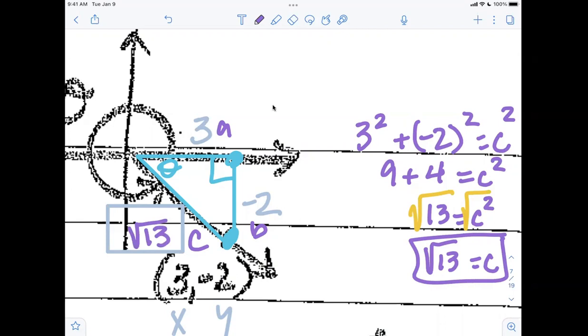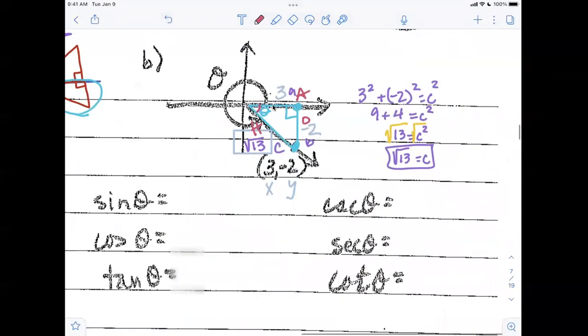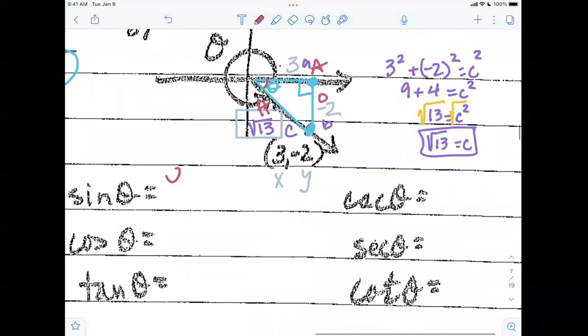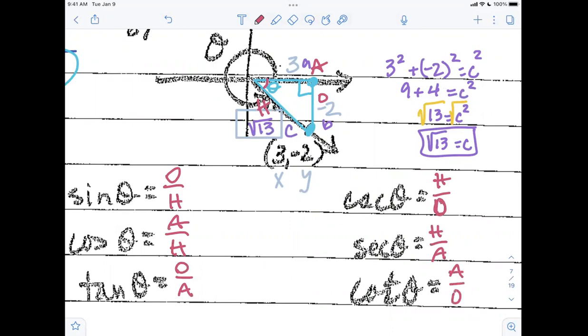So we drew our bow tie angle, our reference angle, then we labeled it, and then we found the missing side. And now we're ready for our normal opposite, adjacent, hypotenuse to find our sine, cosine, tangent. In case I forgot, I am going to label my opposites, adjacents, and hypotenuses, and I'll plug in those points with it.